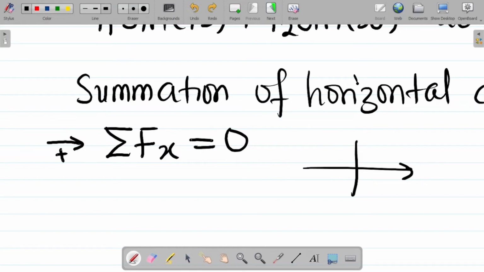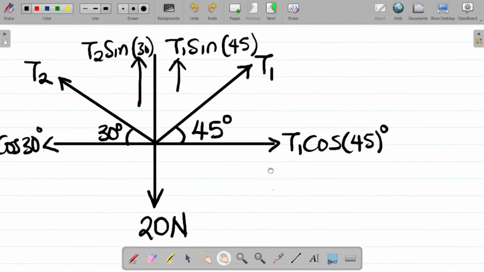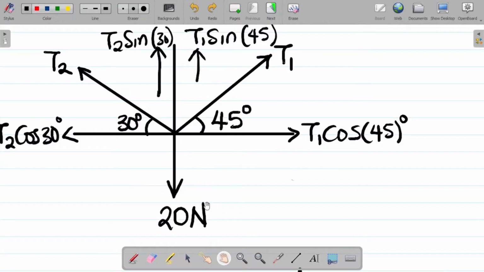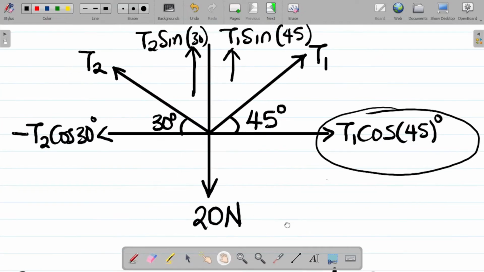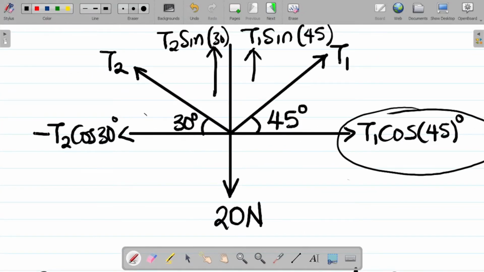All right, let's go back to our diagram. If you look at forces going towards my right, you have just this one here, that's the only force going towards the right. Forces going towards the left, that's just this one here, which is already negative, as we said.